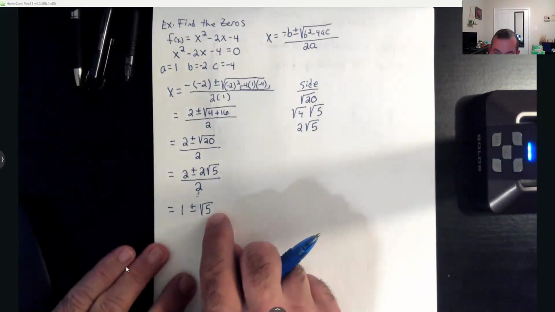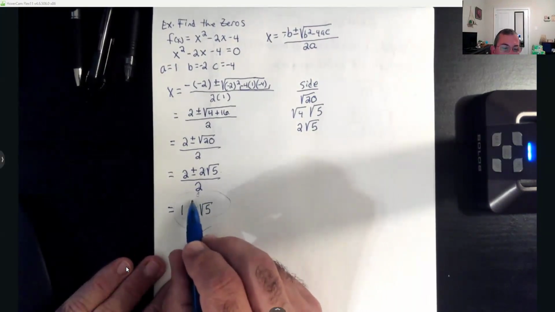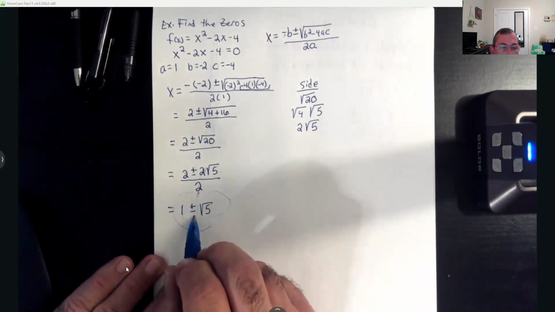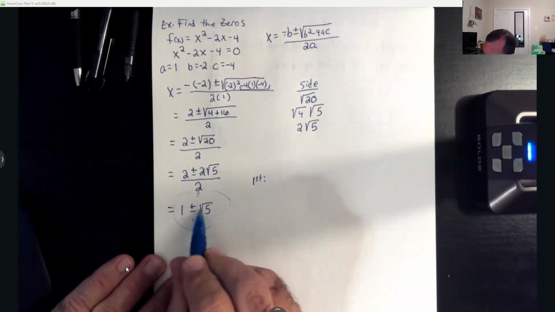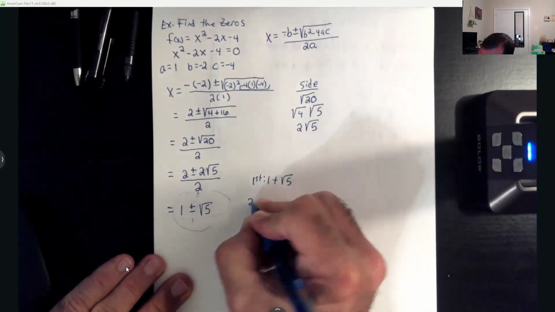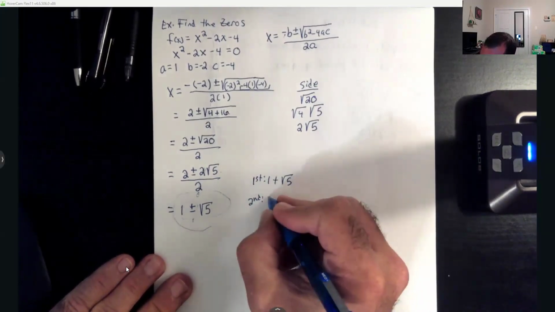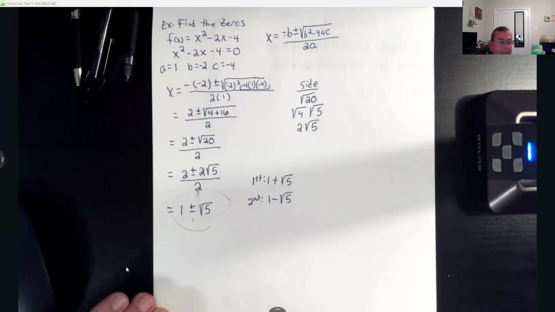So y'all, now, MathLab will let you write this as one answer like that using the plus or minus. But what really this is telling me is that my first answer is 1 plus square root of 5. And my second answer technically is 1 minus square root of 5.